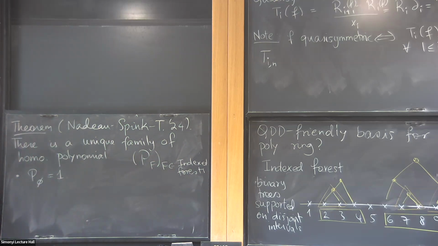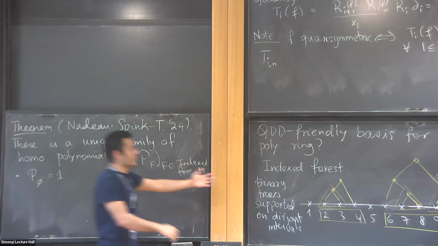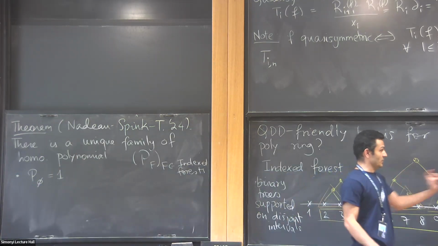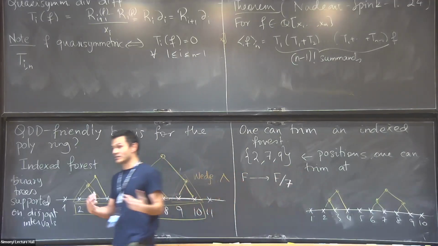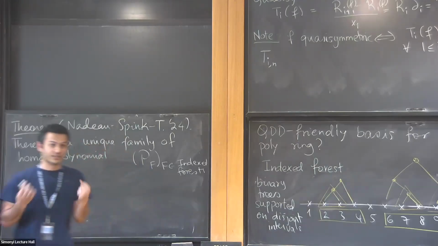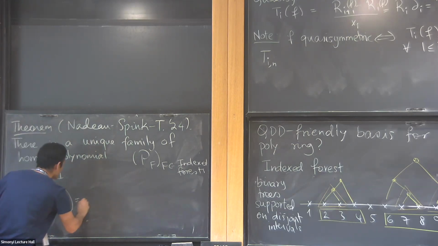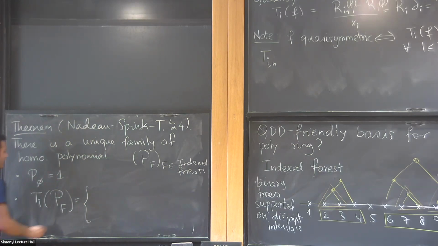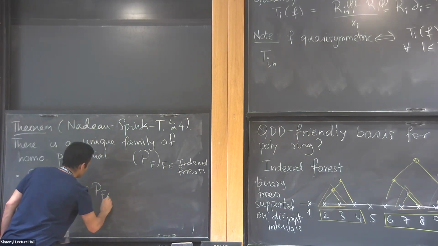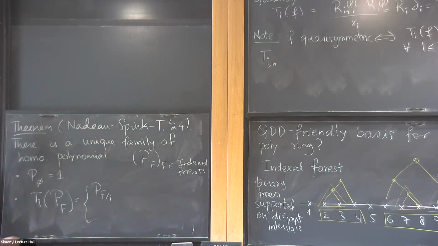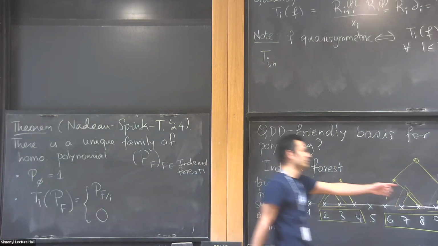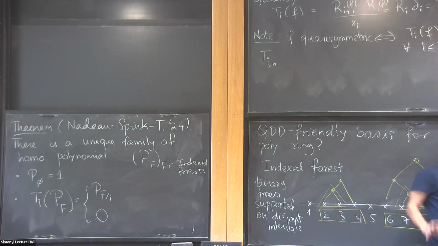And for any higher degree indexed forest, I can trim at a legal position and get a new forest polynomial or 0. Right? So T sub I applied to a forest polynomial produces either a new forest polynomial or 0, depending on if the move that I was trying to do was legal or not.